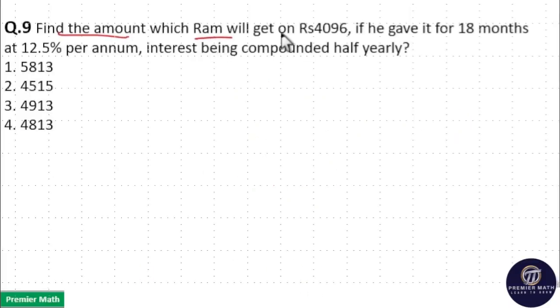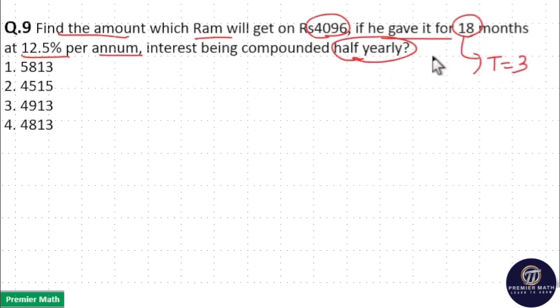Find the amount which Ram will get on rupees 4096 if he gave it for 18 months at 12.5% per annum, interest being compounded half yearly. Half yearly means in 18 months there are a total of 3 half years, that is 3 six-month periods. So the number of terms is equal to 3.